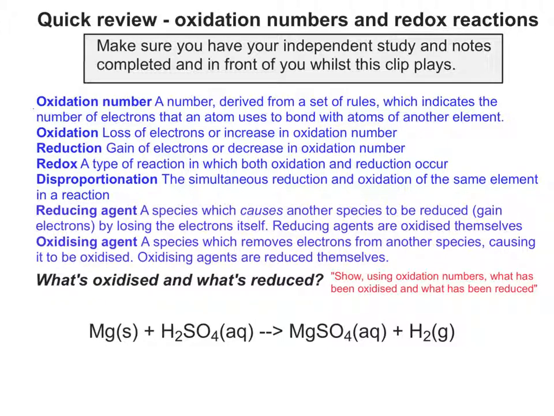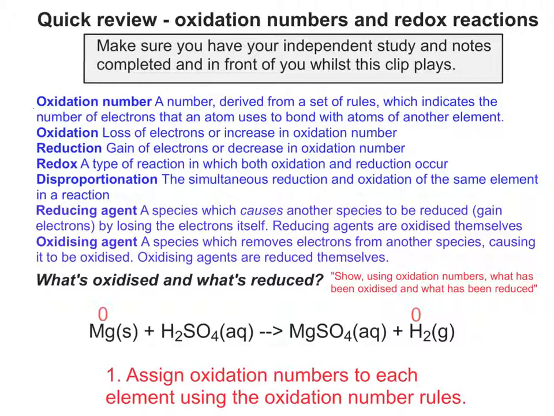The way to go about it is to assign the oxidation numbers. We can start by assigning the number 0 to both the elements that are uncombined. That's quite straightforward. And what you do here is you go for the things that you know can directly be assigned using the rules.